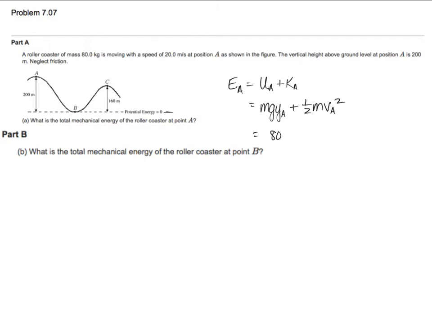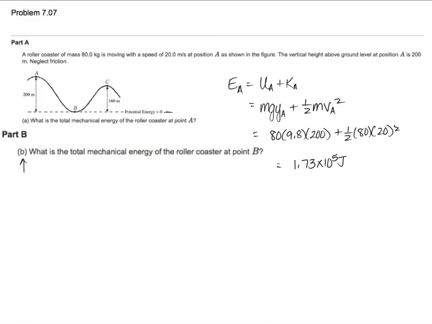So this is simple substitution. And our answer ends up to be 1.73 times 10 to the 5th joules when we add our two terms together. Part B is actually pretty easy.